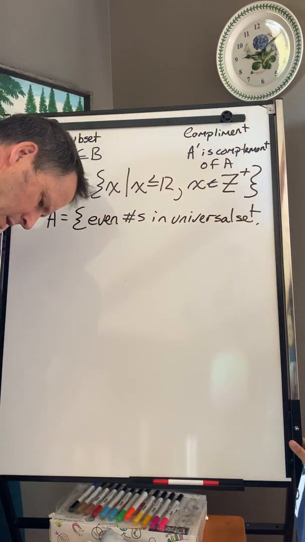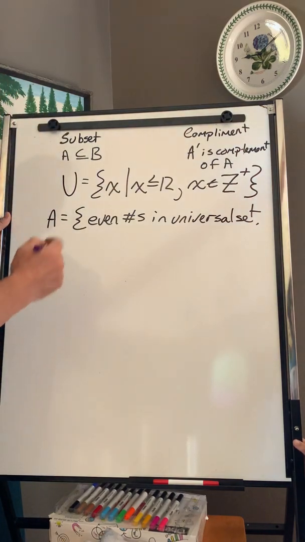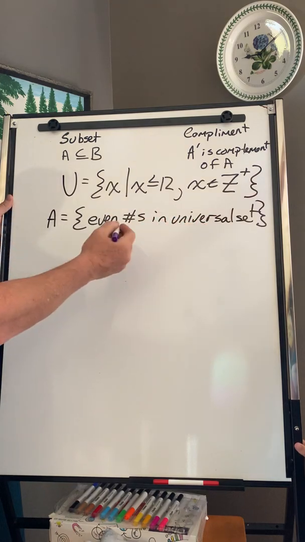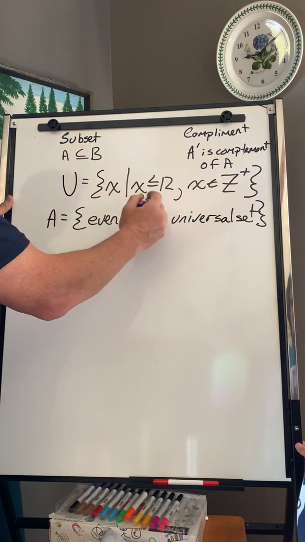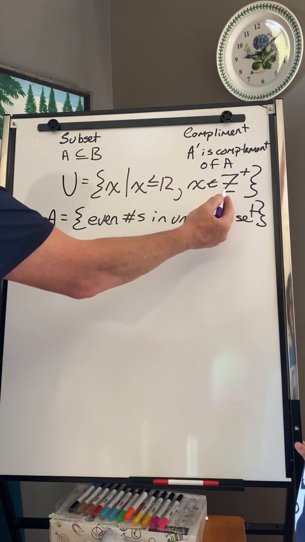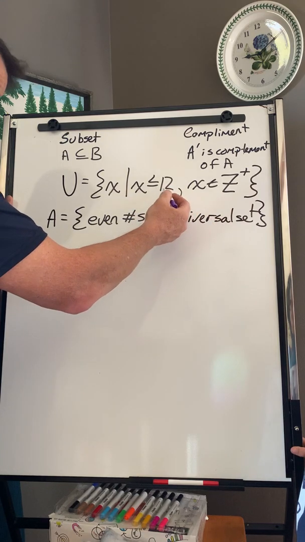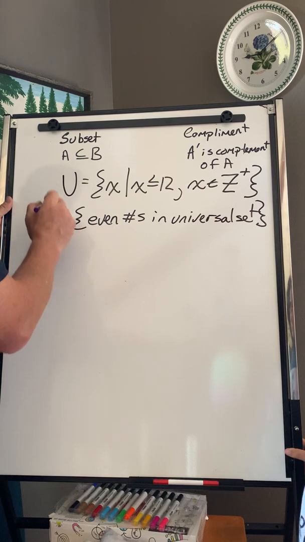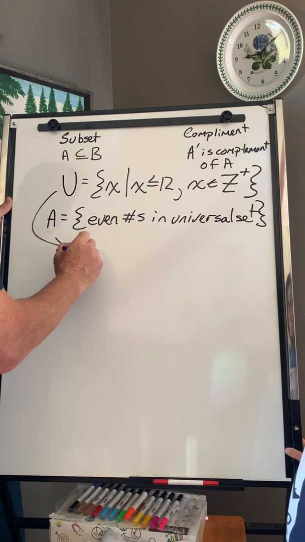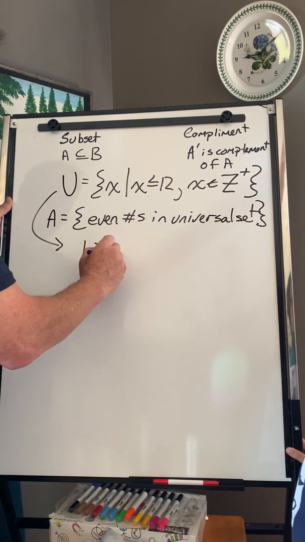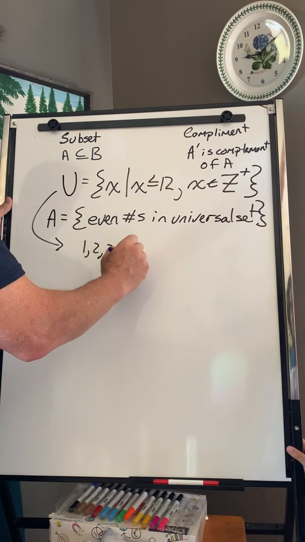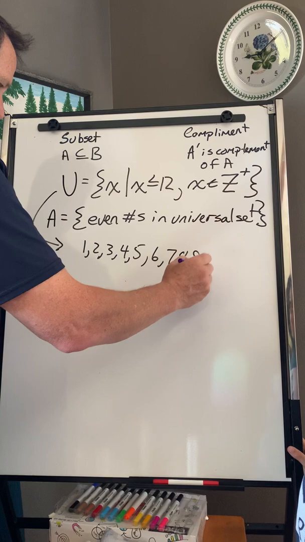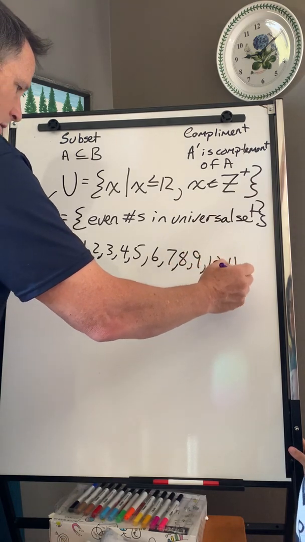Okay? So what we want to know is, what's the complement? The universal set, if you want to write it all out, is the positive integers from 1 to 12. So the universal set is 1, 2, 3, 4, 5, 6, 7, 8, 9, 10, 11, 12.